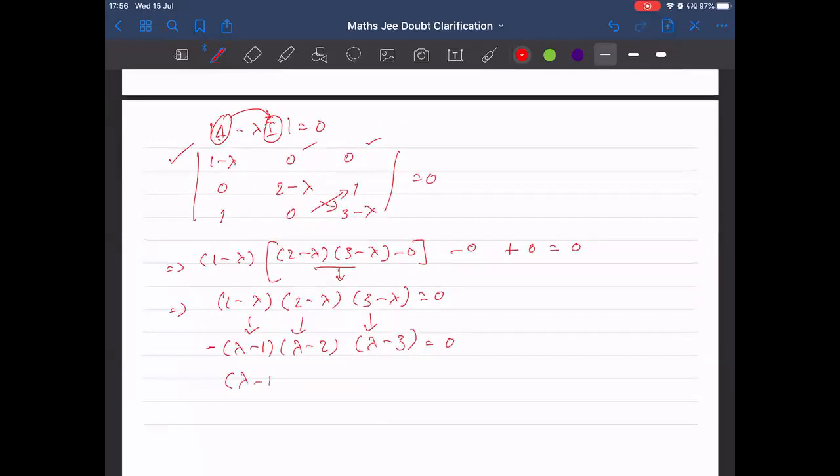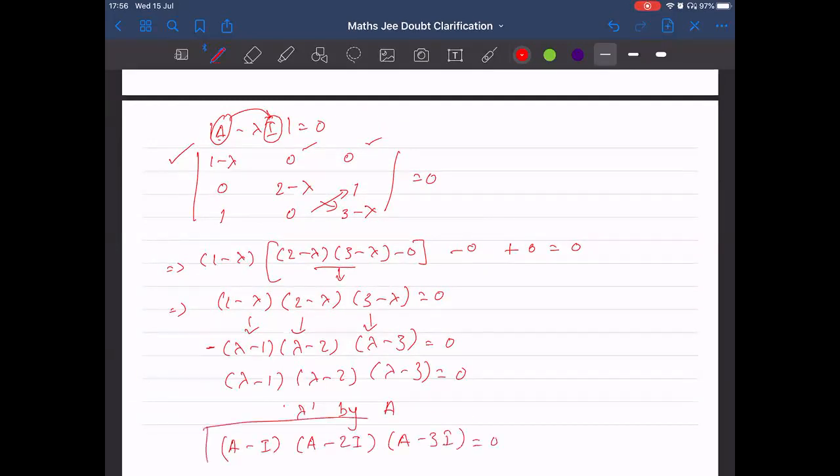So finally we have lambda minus 1 into lambda minus 2 into lambda minus 3 equals 0. So after getting the characteristic equation, we have to replace lambda by A. So what will we be getting? A minus 1. I said again, you have to multiply the constants with I in the matrix. So wherever the constants are there, you just multiply with I. So 1 into I, 2I, so A minus I into A minus 2I into A minus 3I is equal to 0. So this is our answer.